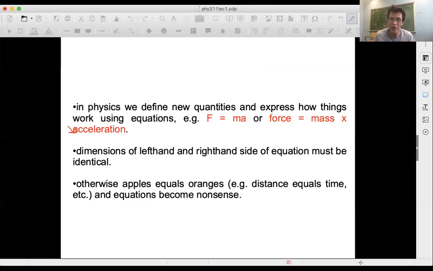If you had an equation that said distance equals time, that doesn't make any sense, just like it doesn't make any sense to say an apple equals an orange. So any claimed physics equation that has different dimensions on the left-hand side or right-hand side must be nonsense. All valid physics equations have the same dimensions on the left-hand side and right-hand side.